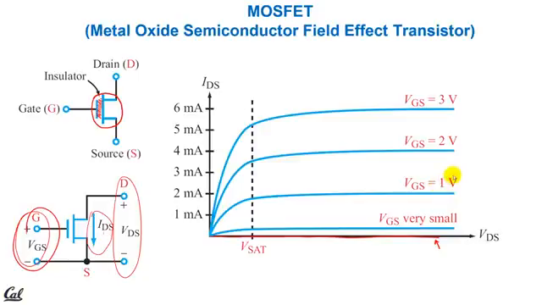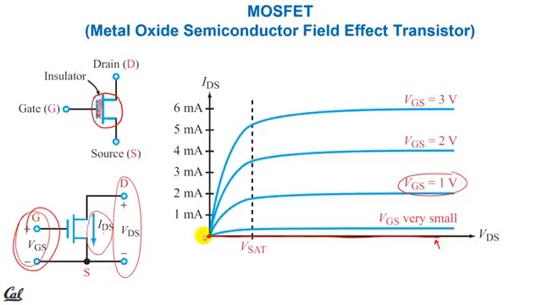So let's say I set VGS at 1 volt on this mythical FET. For 0 VDS, I'll get 0 current. They all intersect at 0. You need a difference between D and S to get a current to flow, and that'll come back in the way we use these things.